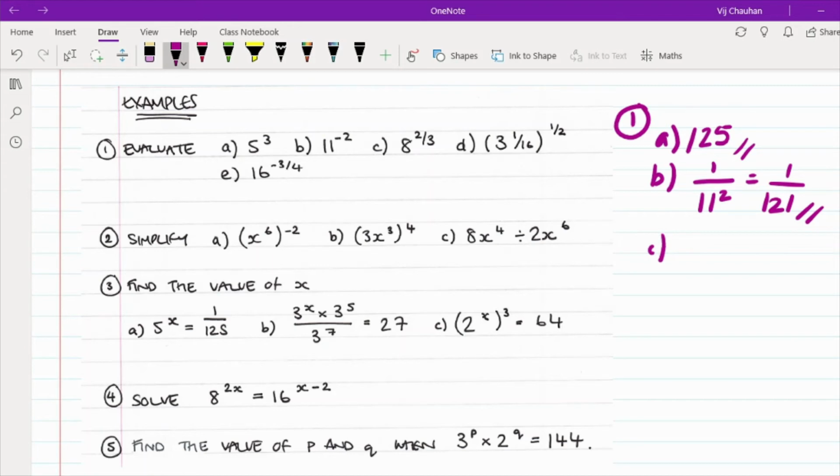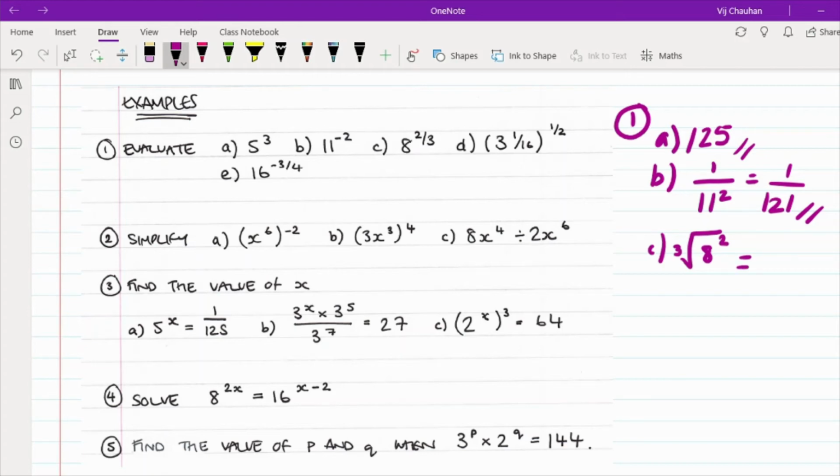For C, this is where we start moving into fractional powers. What 8 to the power of 2/3 is, is 8 squared, cube rooted. Here, 8 squared you should know, and the cube root of 8 you should know. So it's entirely up to you which one you go for, but either way you should get the right answer. I'm going to go for the cube root, because you tend to do the roots first before the power, although don't quote me on that as being law.